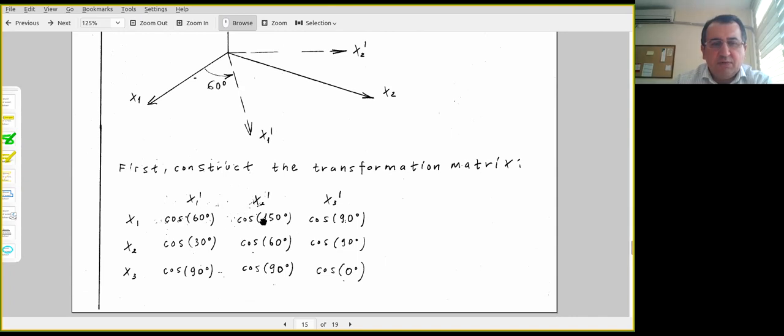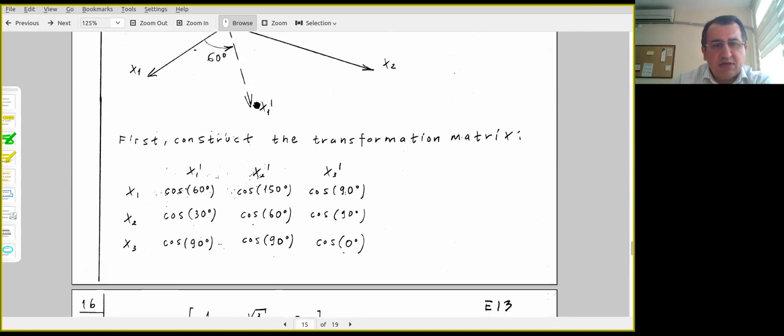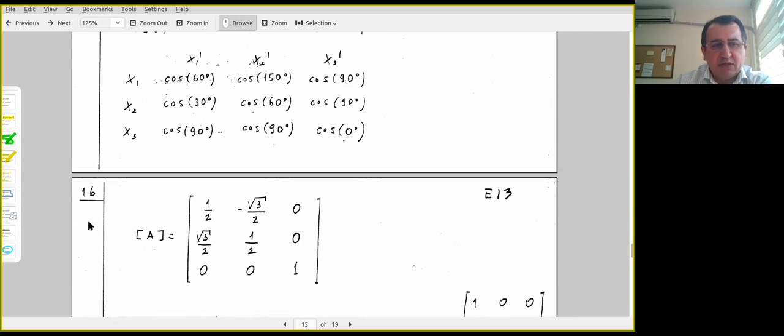And 1 and 2 prime, cosine 150. 1 and 3 prime is 0. 2 and 1 prime, this is cosine 30. 2 and 2 prime, cosine 60. It goes on like this, and the transformation matrix is formed.